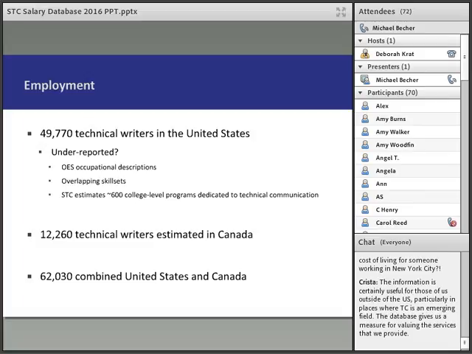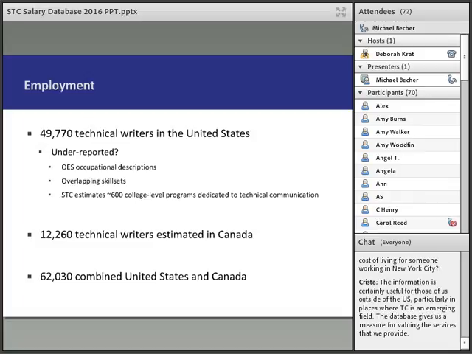Again, I mentioned that the BLS uses OES occupational descriptions, where somebody might fall into multiple categories and may not be listed strictly as a technical writer if they wear several different hats. If you have overlapping skill sets, you might be a technical writer, but you also do some managing, or some layout work, or whatever that might be. You might not fit exactly into it, so the person reporting on it might not put you in the correct category.